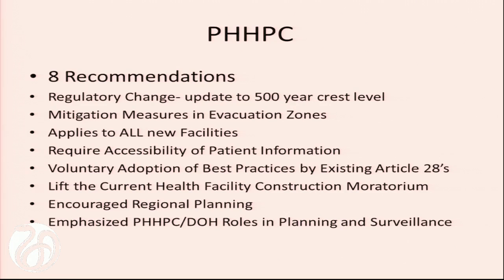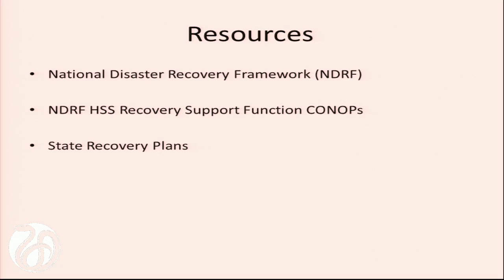Mitigation measures to apply this to all new facilities, to require accessibility of patient information, to have voluntary adoption of best practices, to lift the current health facility construction moratorium, which I just mentioned, and also to emphasize the role of the different agencies that are out there. And the resources: the National Disaster Recovery Framework, state recovery plans, and the concept of operation plans that are out there.